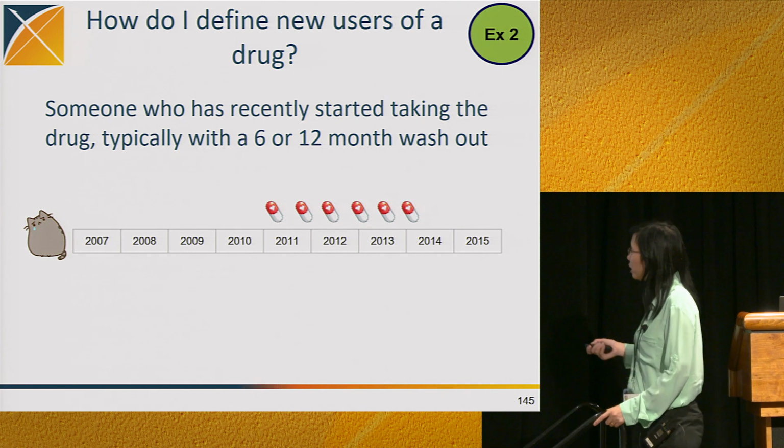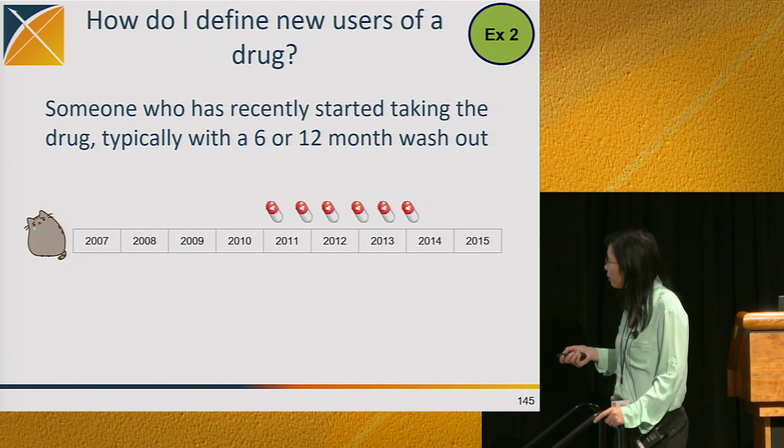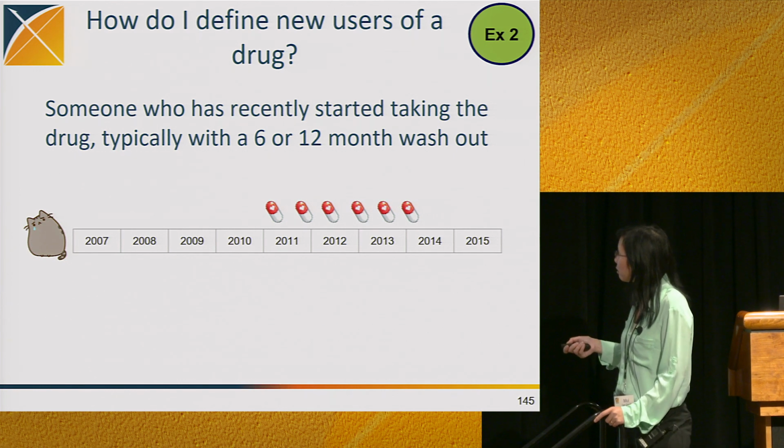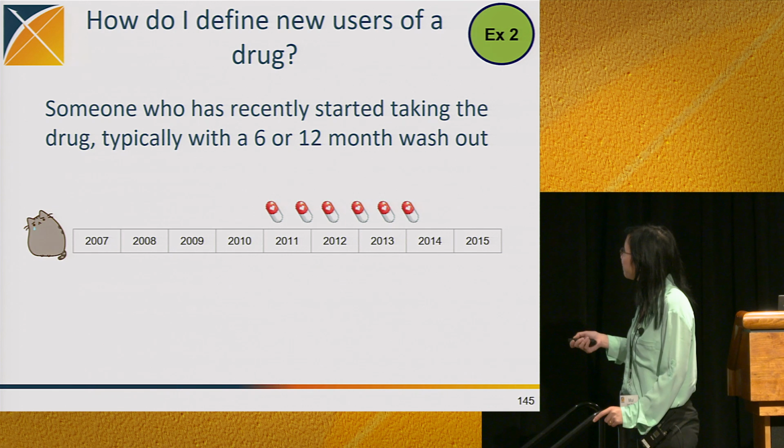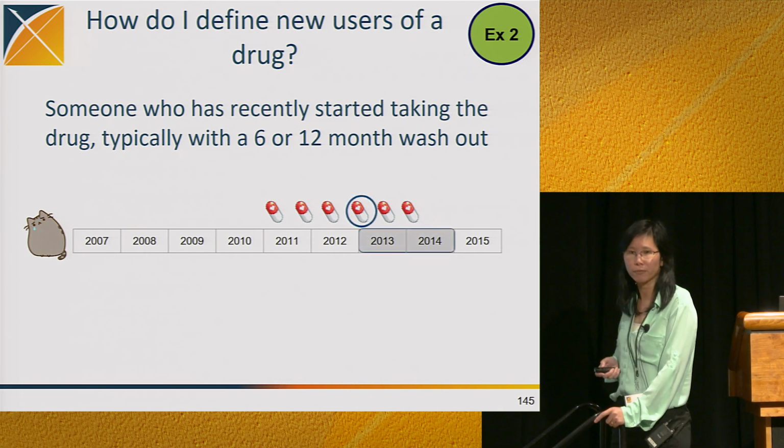So if a patient, Puchin over here, very unhappy Puchin, because she is sick, has drug records. We were able to find that she has these warfarin drug records between 2011 all the way to early 2014.